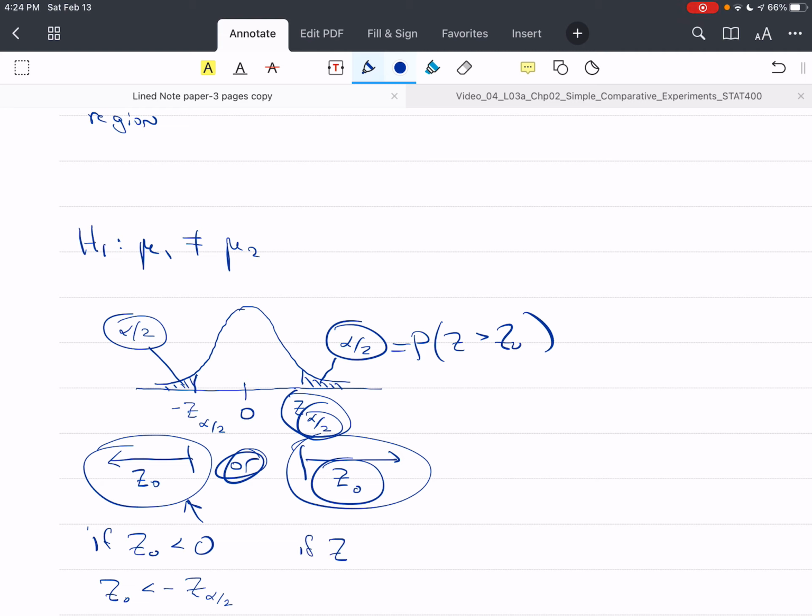If z naught is positive, then we have to look at this case here: is z naught greater than z sub alpha over 2? Okay? So if z falls anywhere over here, we're going to reject the null. And if z falls anywhere over here, we're going to reject the null. Either case. All right.